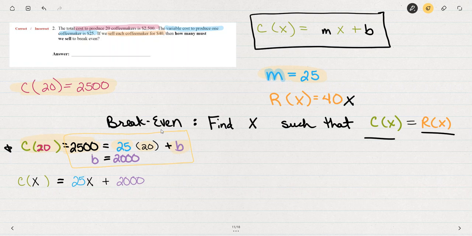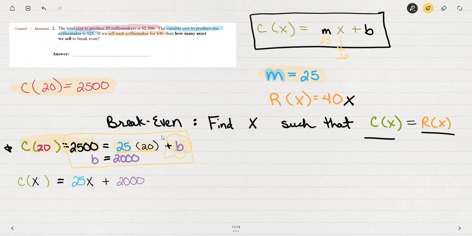If the cost of 20 items is $2,500, then I could say that 25, that's our M, times X, and if X is 20, 25 times 20 plus the fixed cost is going to equal $2,500.